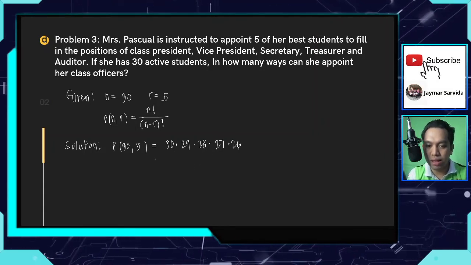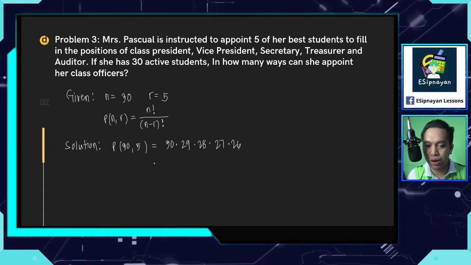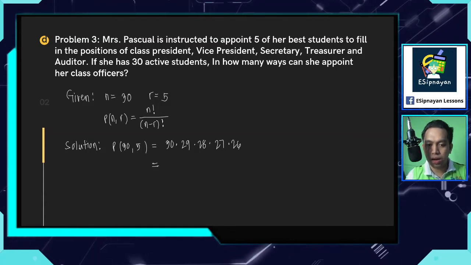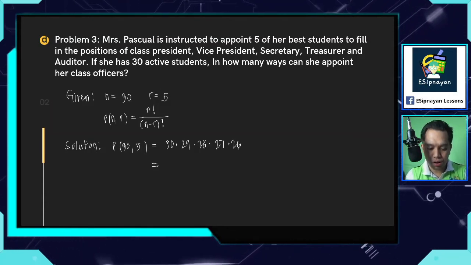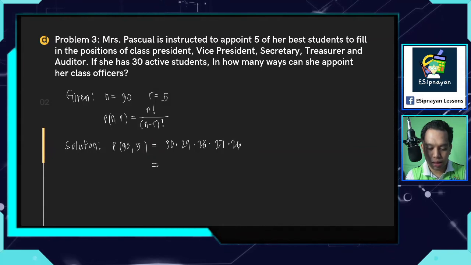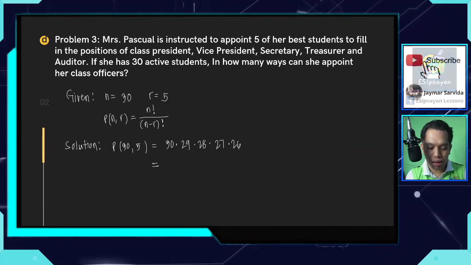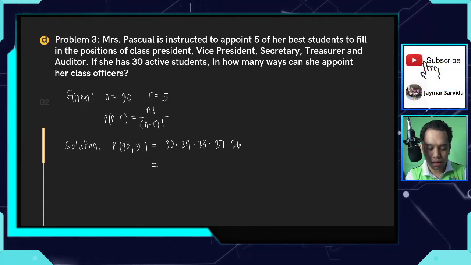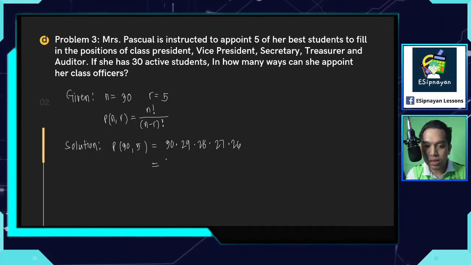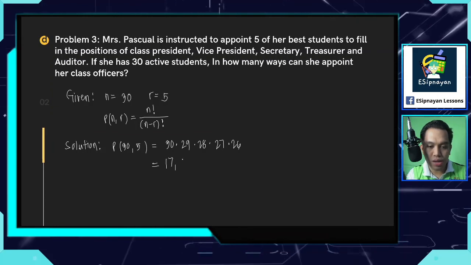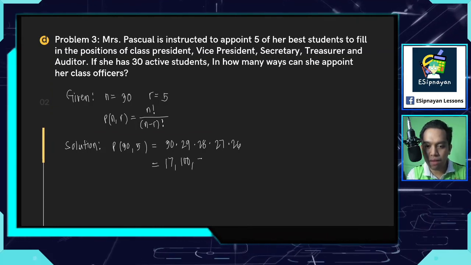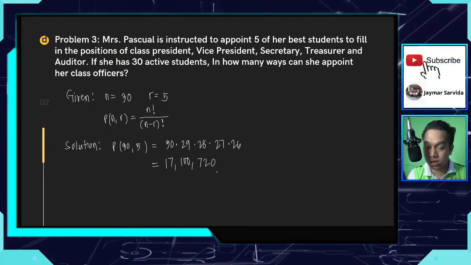Then i-multiply natin yan using our calculator. Okay, so using our calculator, so 30 times 29 times 28 times 27 times 26. And that is equal to 17 million, sobrang dami pala nito, 17 million 100,720 ways.